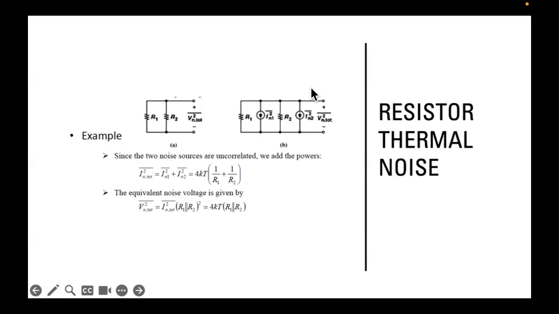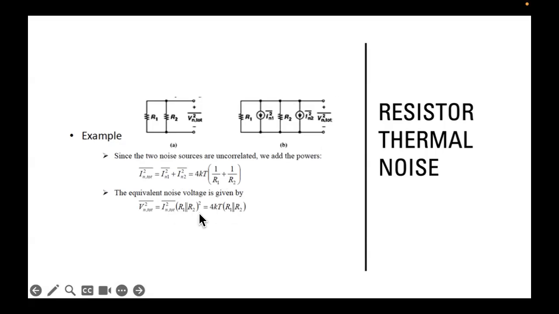Because this is a parallel branch, the equivalent current is simply the summation of the two currents, so it's IN1 plus IN2. Of course, here N represents noise. So IN1 plus IN2 is 4kT times (1 over R1 plus 1 over R2). The voltage is simply the current times the parallel equivalent of R1 and R2.